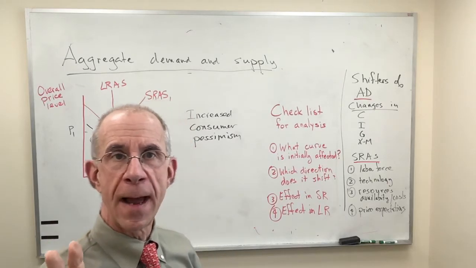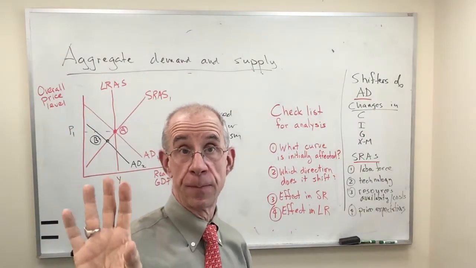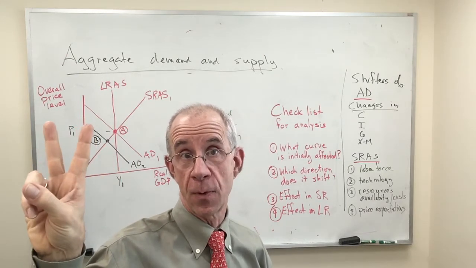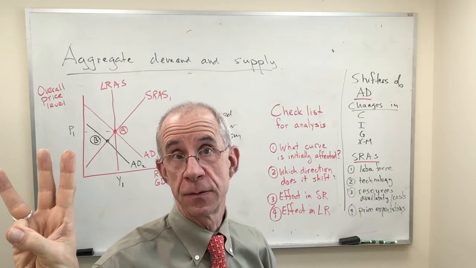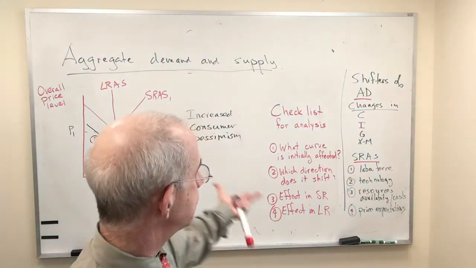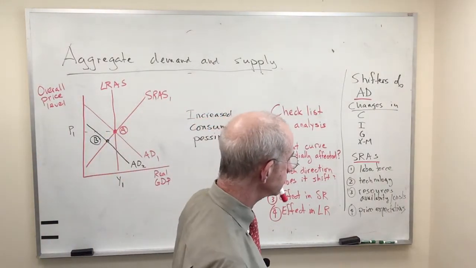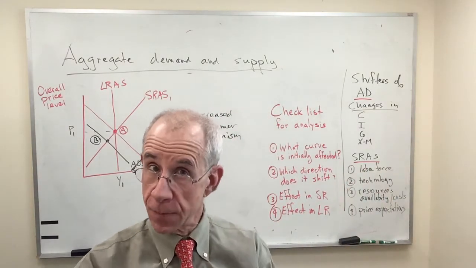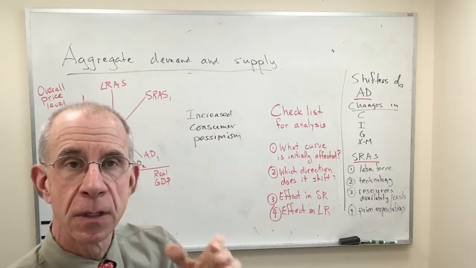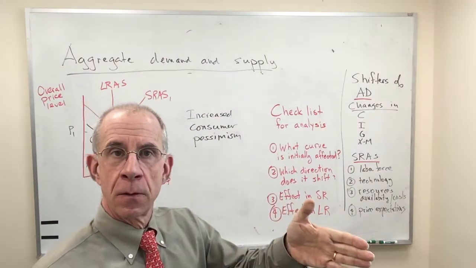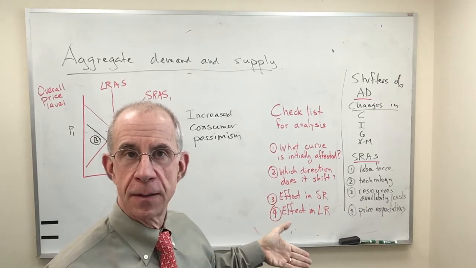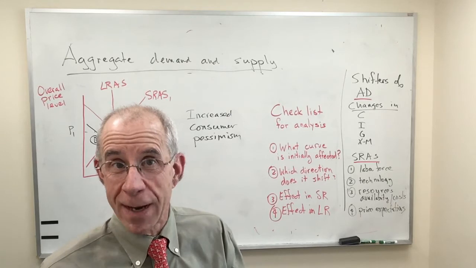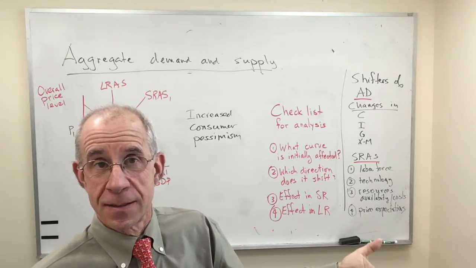Now again, we can go back and look at those three stories that we told about short-run aggregate supply: sticky wages, sticky prices, misperceptions. Let's just use the sticky wages as part of the story. The others are okay, but let's just do the wages. What you have is a drop in the demand for goods. Firms might like to reduce the wages that they pay because they're not selling as much.